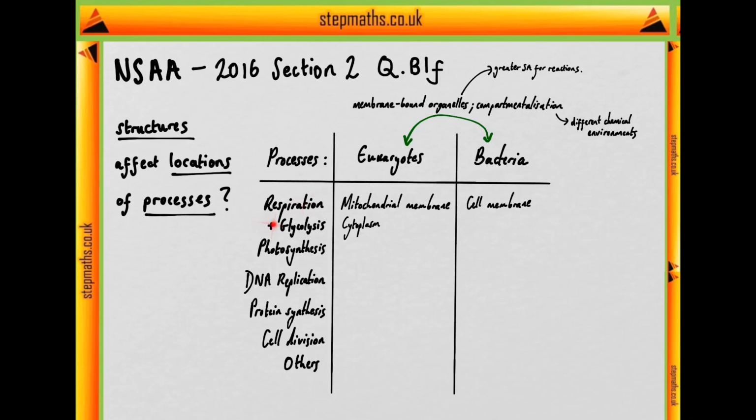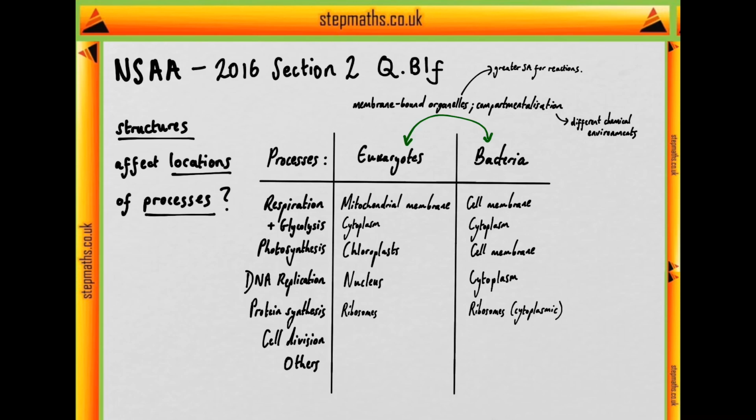We have glycolysis within the cytoplasm of both eukaryotes and bacteria. Photosynthesis occurs in the chloroplasts in plant cells, whereas the bacteria, such as cyanobacteria, can only carry out photosynthesis in their cell membrane. DNA replication occurs in the nucleus within eukaryotes, whereas bacteria have to rely on the cytoplasm as they have no true nucleus. Protein synthesis, which is integral to both, occurs in the ribosomes in both cases.